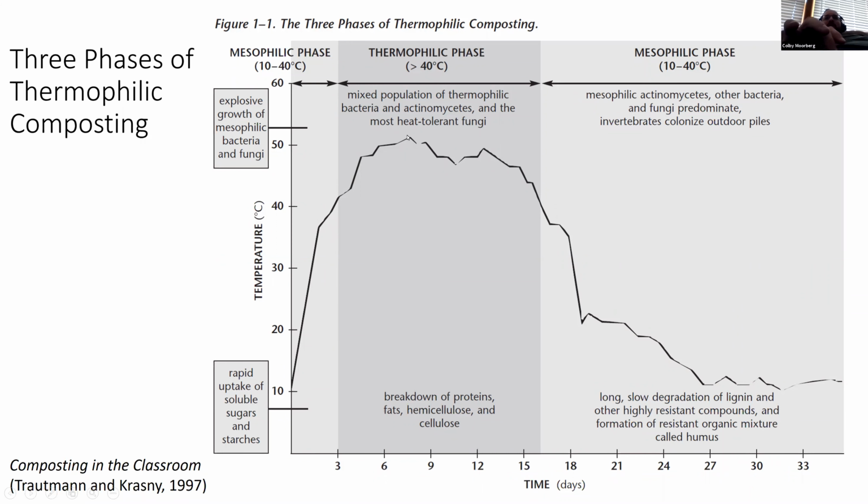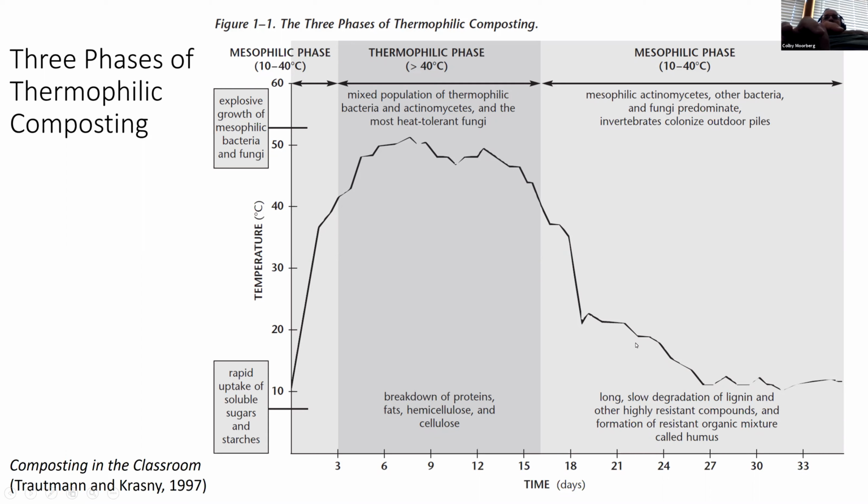So during this time, it's mostly bacteria and actinomycetes. There might be some heat tolerant fungi that are active during that period, and then eventually all the good food has been used up, and the microbes will slowly start to decrease in their activity, and the temperature starts to drop.